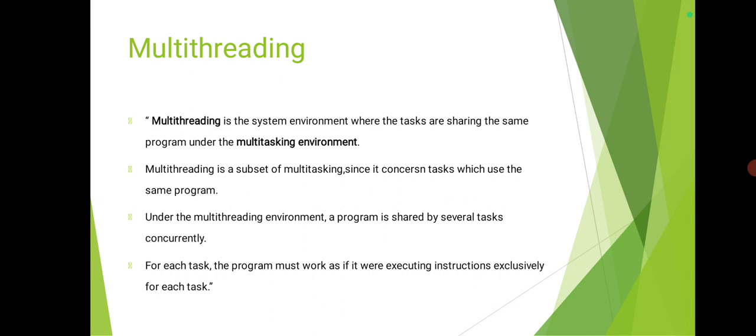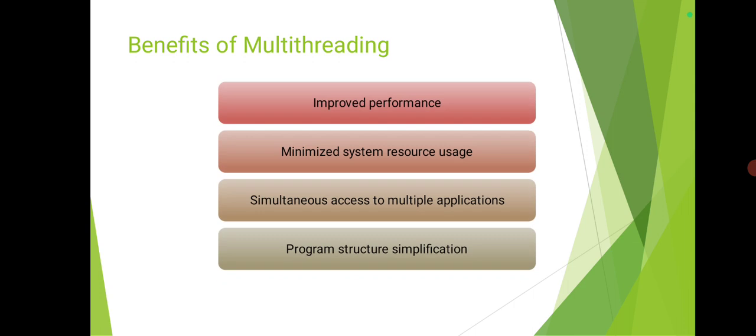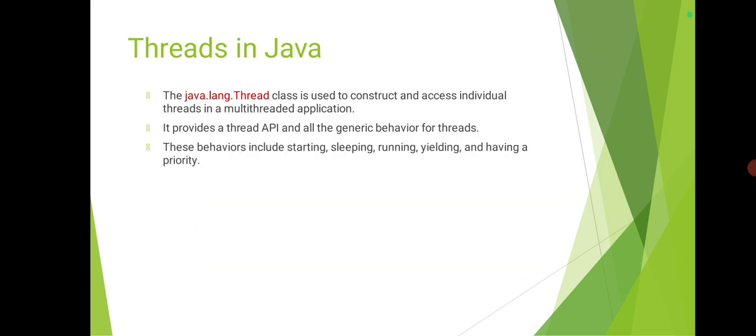So the main point is that multi-threading is the system environment where the tasks are sharing the same program under the multitasking environment. The benefits of multi-threading are improved performance, minimized system resource usage, simultaneous access, and simplified program structure. We will see an example at the end of the slides.